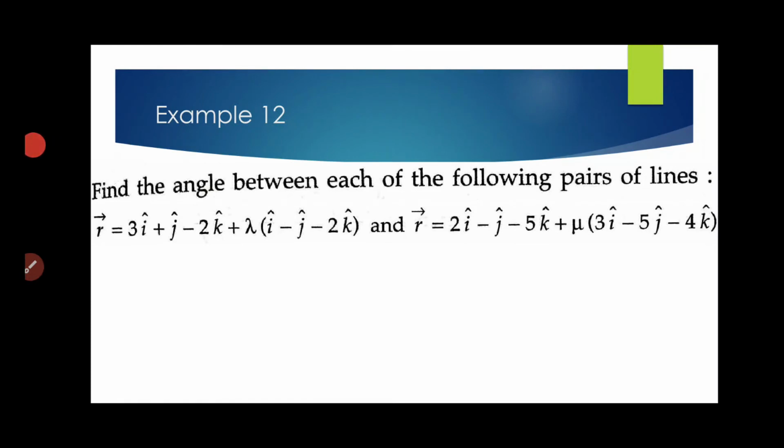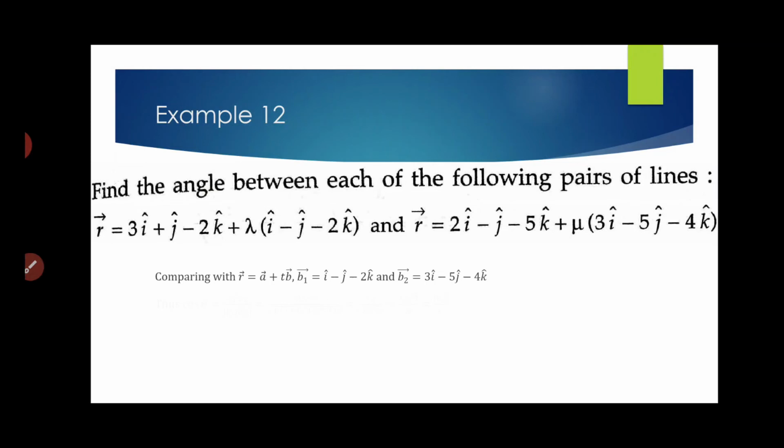Now let us move to the problem. Find the angle between each of the following pair of lines, and these are the two lines given in vector form. First I need to identify b1 and b2, that is i minus j minus 2k, and here it is 3i minus 5j minus 4k. So this is b1 and this is b2.